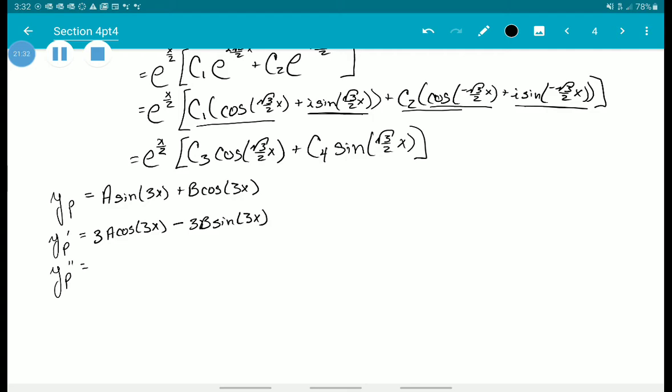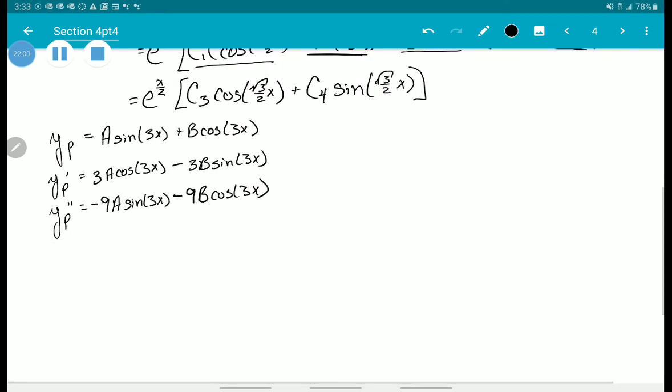So now let's take the second derivative. The derivative of the cosine is a negative sine. Remember, this is a u substitution, so then we're going to have a 9 on the outside, not a 3. Derivative of the sine is cosine, so this is going to remain negative. So now we have everything to substitute in.